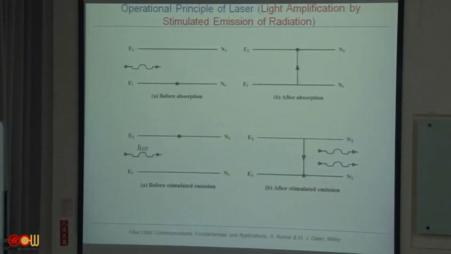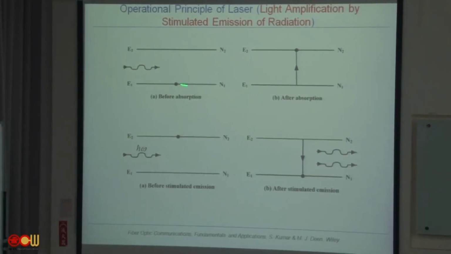The first one, I think all of you have an idea about: the laser. We have a two energy level system. You can use electrical or optical pumping to pump some electrons from the lower energy level to the high energy level.